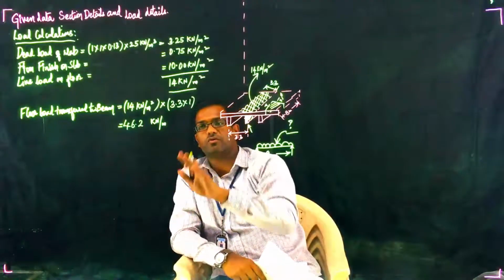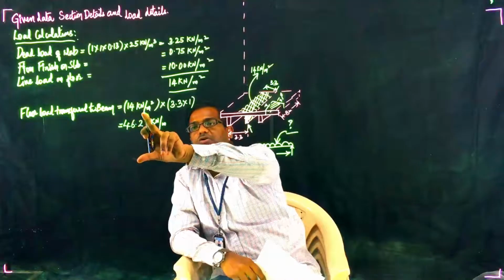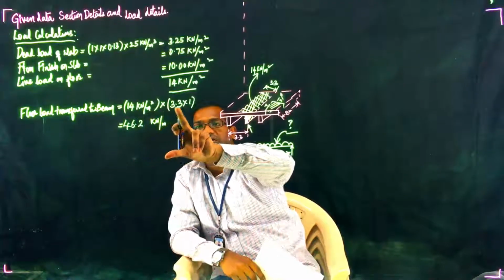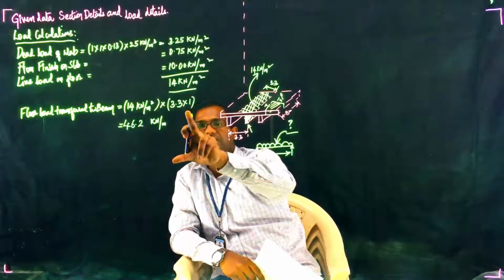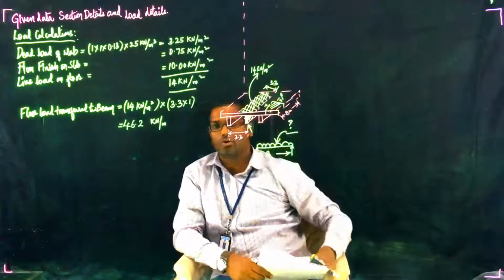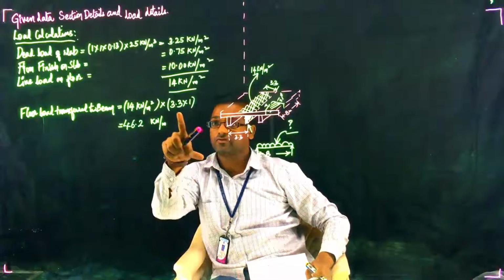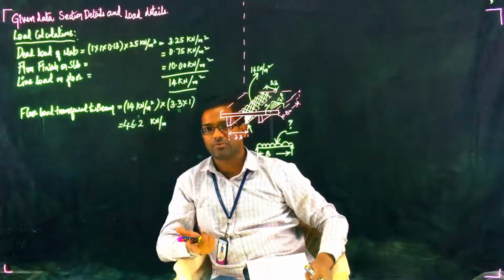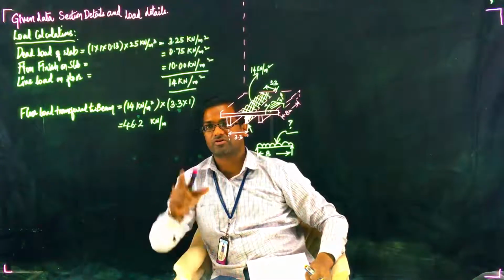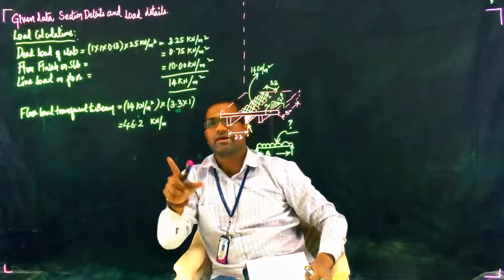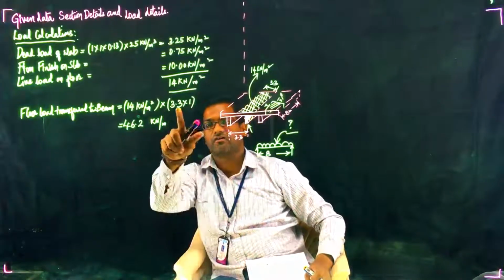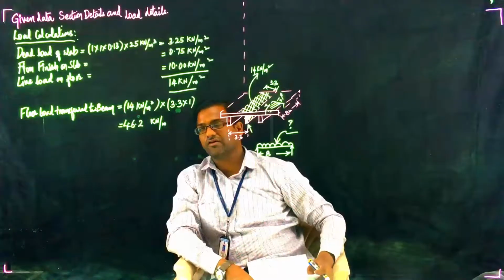So this is how we will do it. 14 kilonewton per square meter, we take 1 meter length and 3.3 meters full width. So we need to take the spacing of beams and multiply with 3.3.